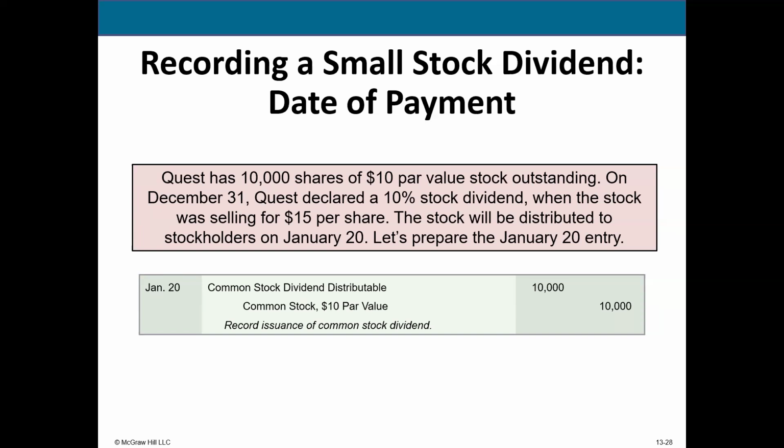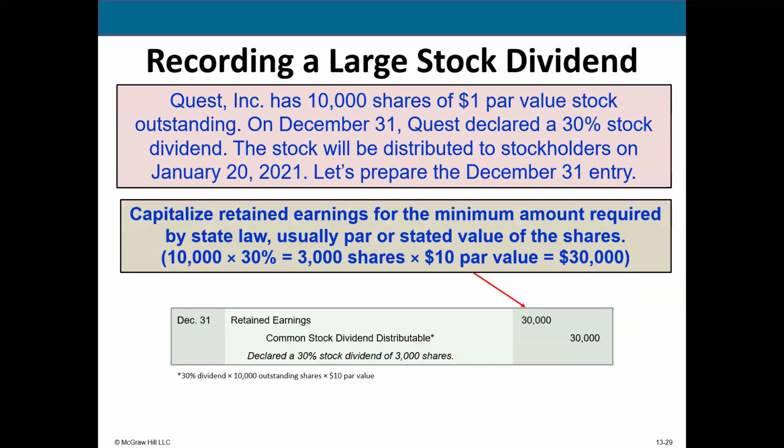Very simple. Now, what if that percentage was, let's say, 30%? So 30% would put it into a large stock dividend. So really the only difference here is the percentage. We treat this the same exact way as we do with a small stock dividend. So 10,000 shares, $10 par value stock outstanding, declared at a 30% dividend.